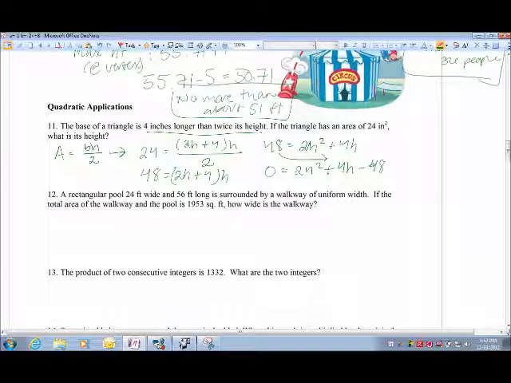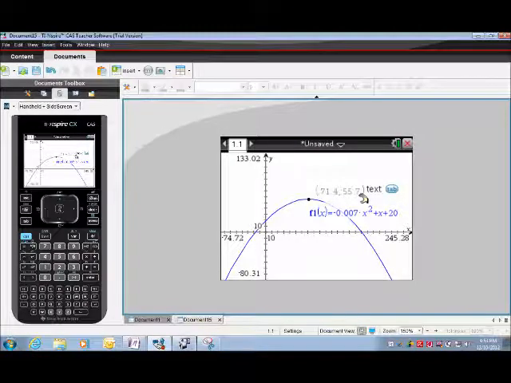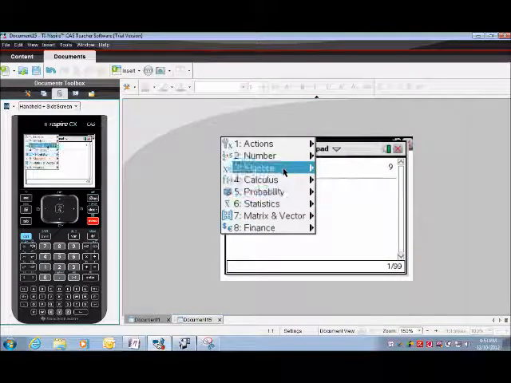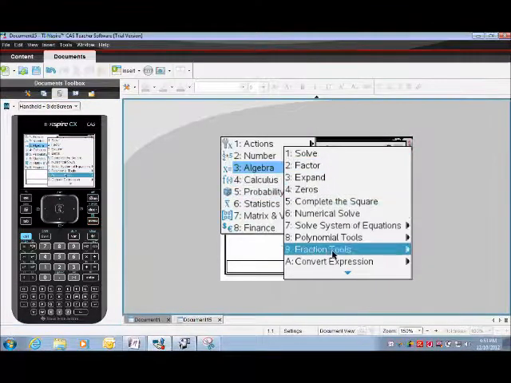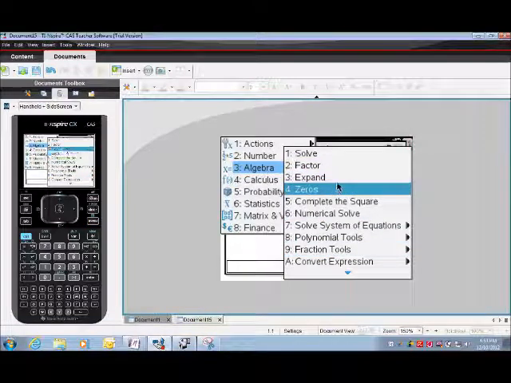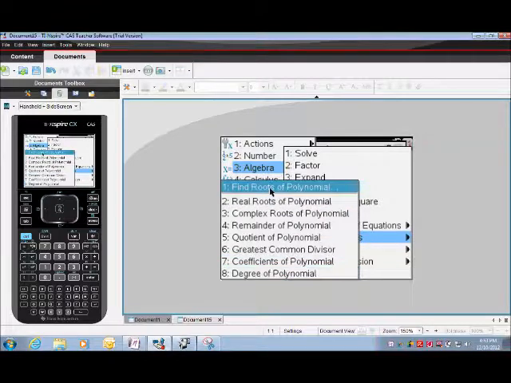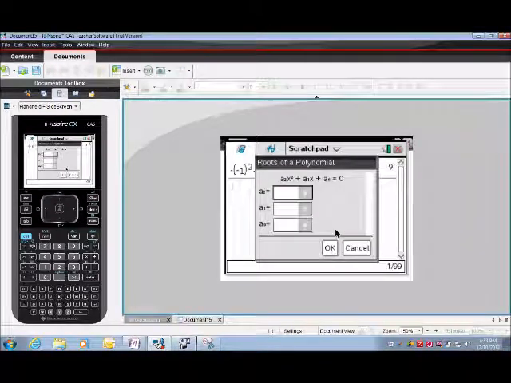And we can go ahead and go to our calculator, go to a calculate page, okay, and hit menu, algebra, and really on your calculator it's going to be menu 331. Remember, our polyroots is menu 331.